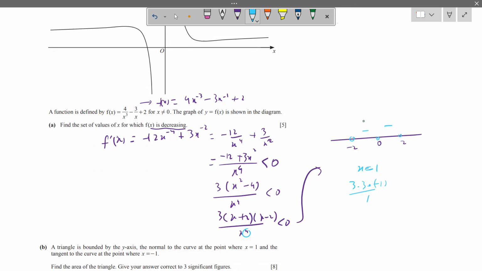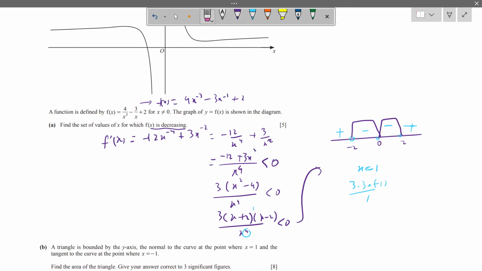So still negative. But when you pass through negative 2, the power of the factor that results in the solution of negative 2 is an odd number, 1. That means you change the sign. Same goes for here. So the intervals where f of x is decreasing is this.